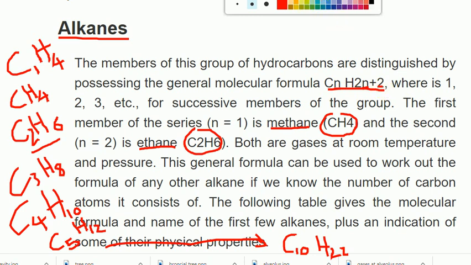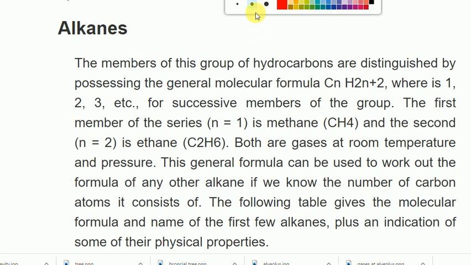It is not shown very well here, but what the general formula is supposed to be is C, then below it n, then capital H, with below it 2n plus 2.